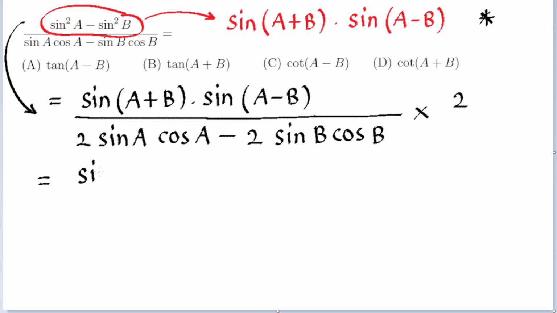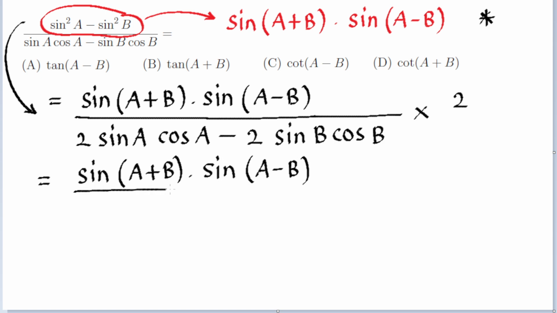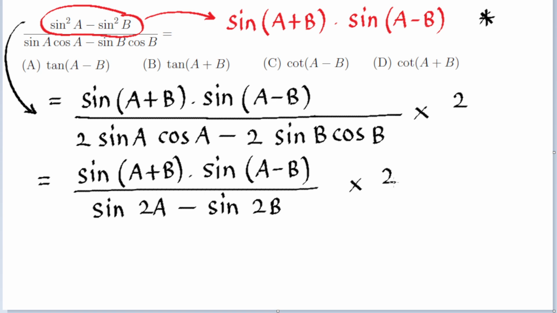So therefore we have sin a plus b into sin a minus b divided by sin 2a minus sin 2b, okay, whole multiplied with 2. So let us keep that 2 as it is. Let us see what can be done with that. Okay, so moving on, we have again sin a plus b into sin a minus b.